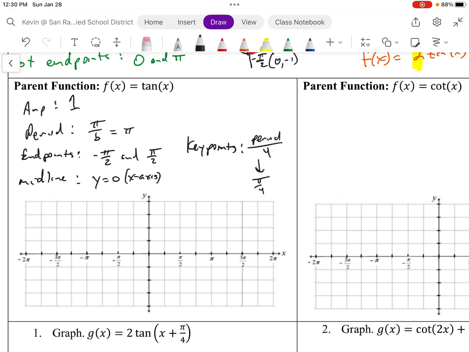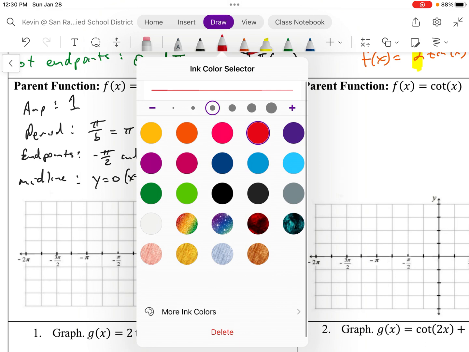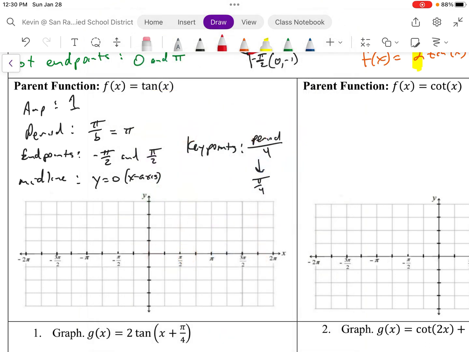So let's see what this graph looks like. We can make the table again if we want to, but we don't really have to. We know it. So at our endpoints, we have asymptotes. So here to here, and notice that's 1 pi.